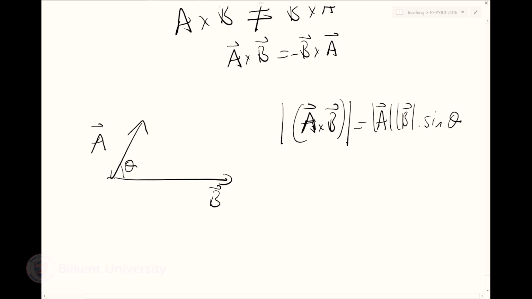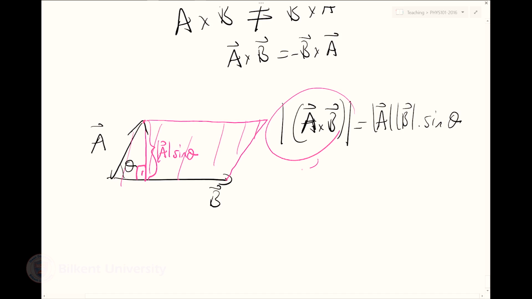Now, if I take a perpendicular line to the tip of A, what would be the length here? It will be A magnitude times sine theta. So what would be the area of the parallelogram here? A magnitude, B magnitude times sine theta. So it's the area spanned by A and B. Okay.